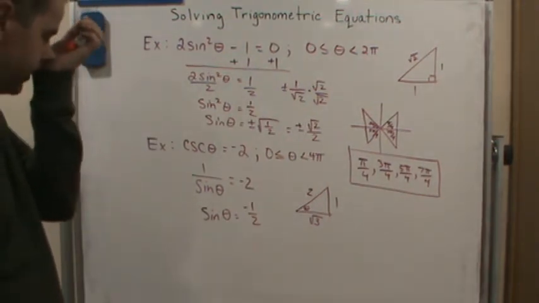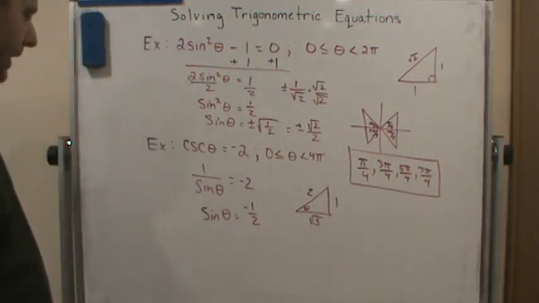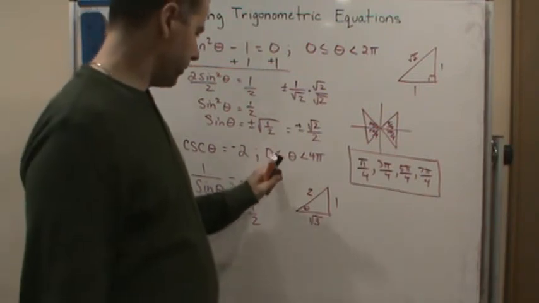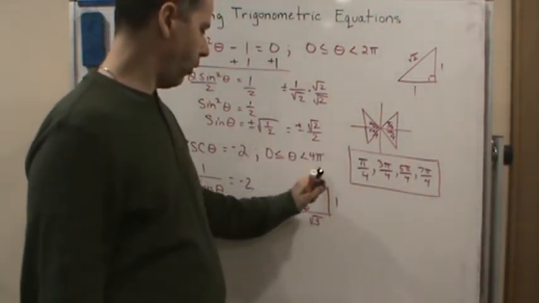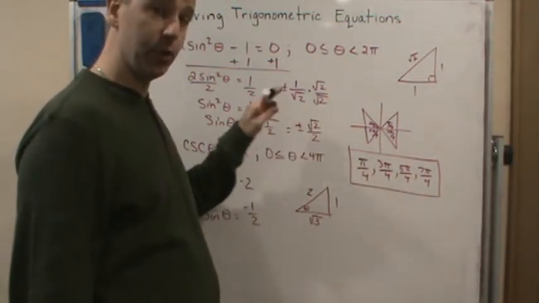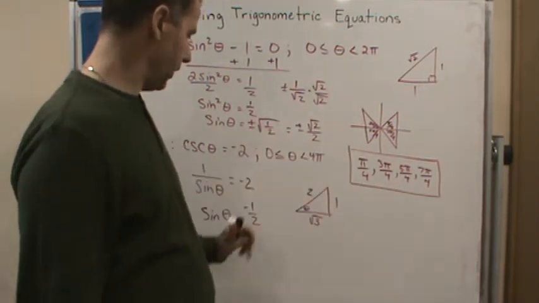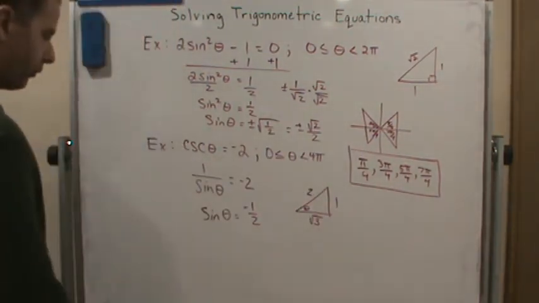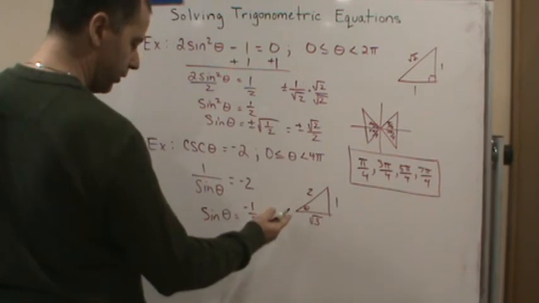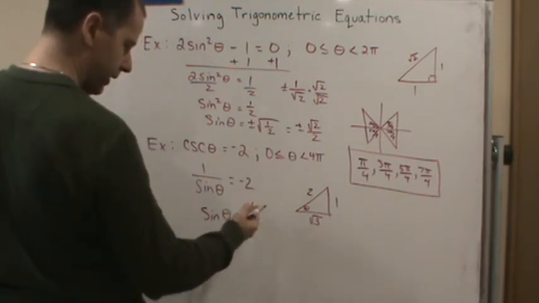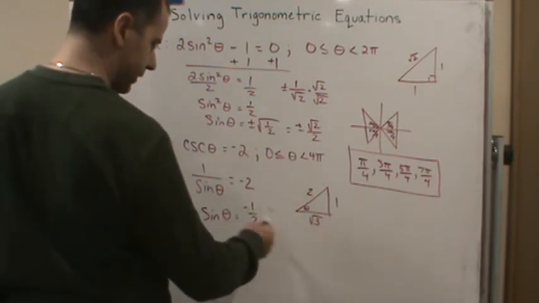Awesome. So now, what angles from 0 to 4 pi? Notice that we're doing 2 revolutions around the circle. So that means if we go from 0 to 2 pi, what are the 2 angles in the third and fourth quadrant that will give us -1/2?